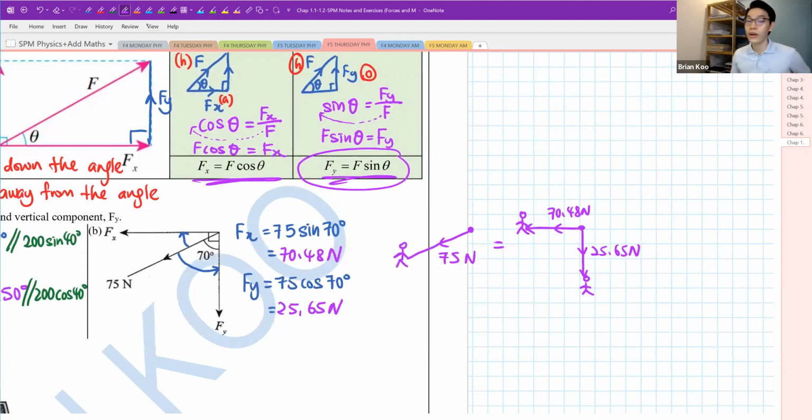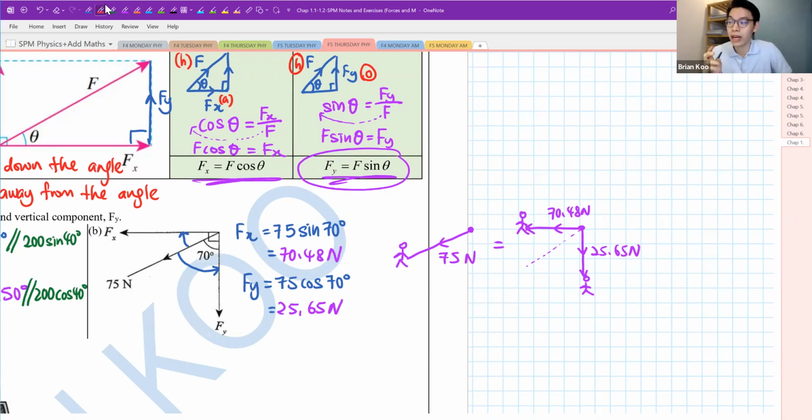One person pulling in that direction with 75 Newton is the same as two persons pulling with this force, and the object will move in this direction. It will create the same resultant force. Okay, that is what we are trying to do.